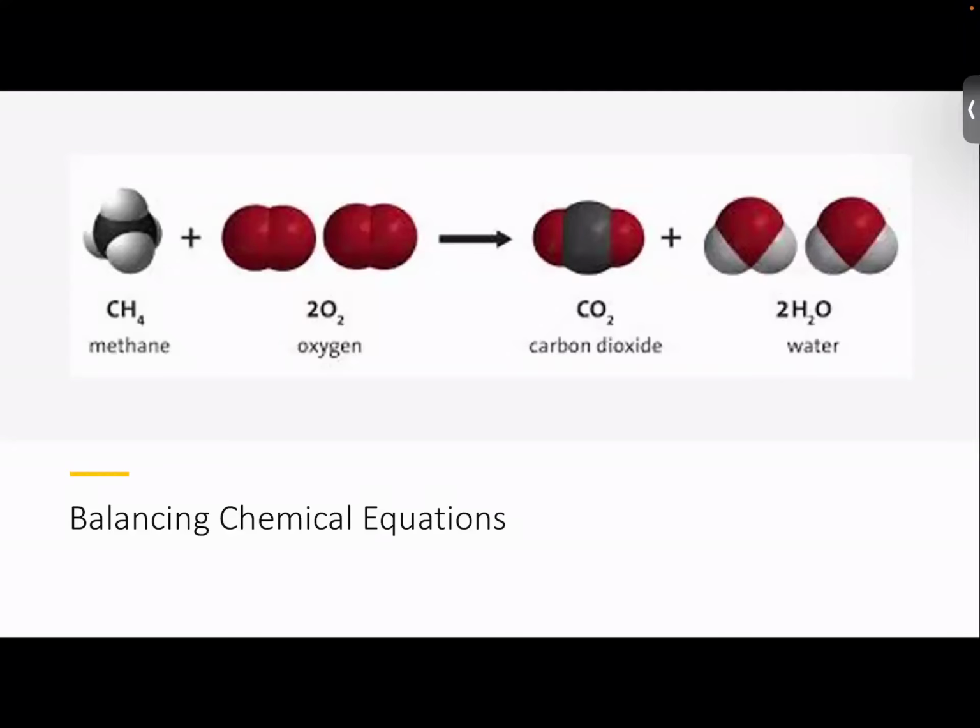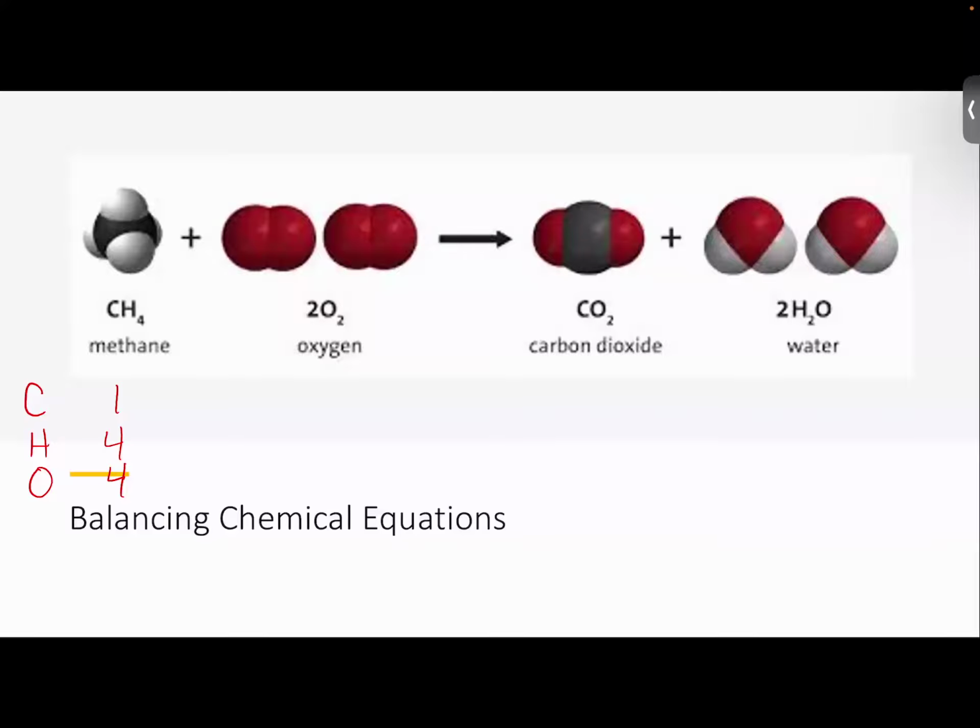To prove that this is a balanced chemical equation, we can do the same thing we did just a moment ago and go, okay, we have carbon, hydrogen, oxygen. On the reactant side, we have 1 carbon, we have 4 hydrogens, and we now have 4 oxygens because there are 2 O2s for a total of 4 oxygen atoms.